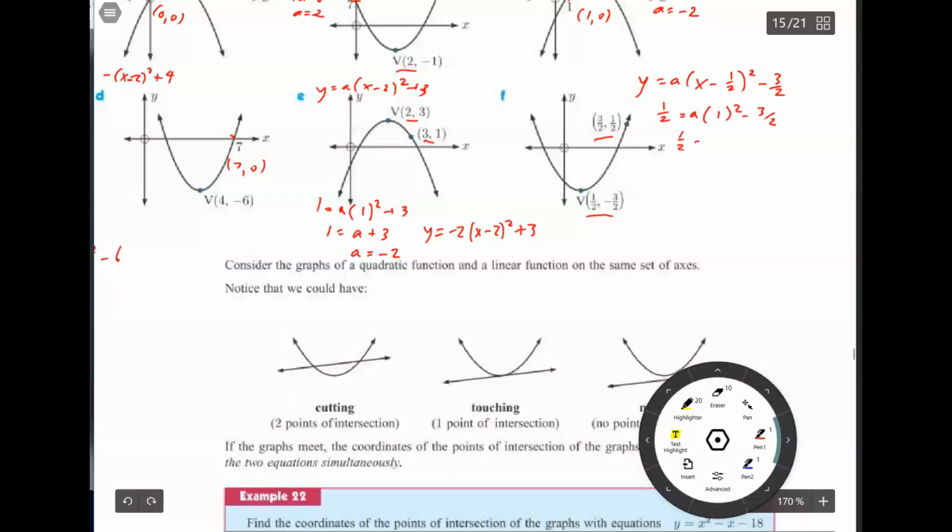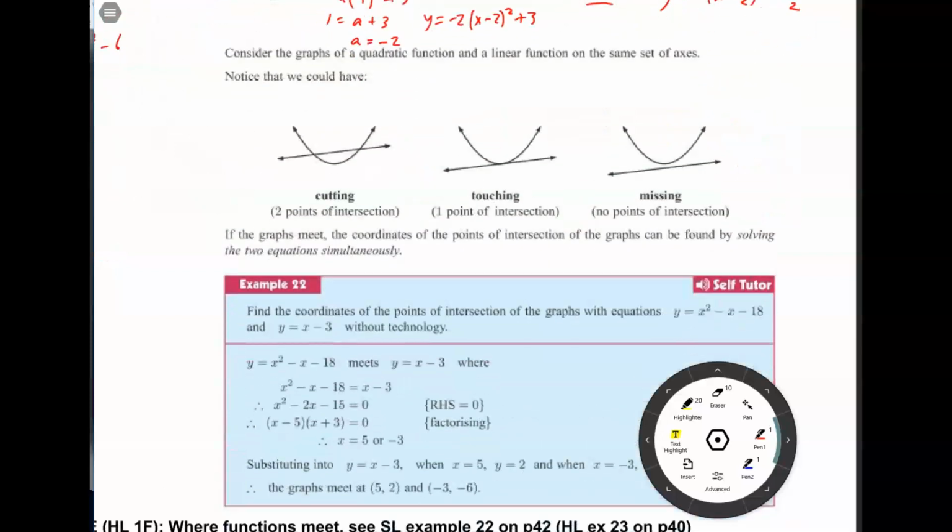So 1/2 equals a minus 3/2. So a, I'm going to add 3/2 to both sides, so that would be 1/2 plus 3/2, which would be 4/2. So a is equal to 2. So my function is going to be 2 times (x minus 1/2) squared minus 3/2.